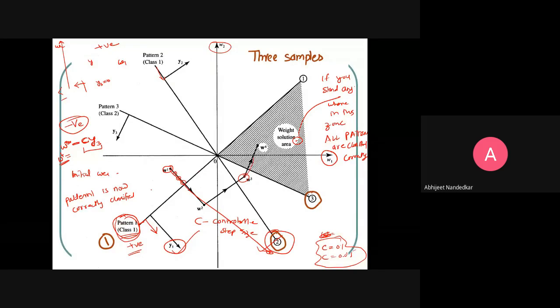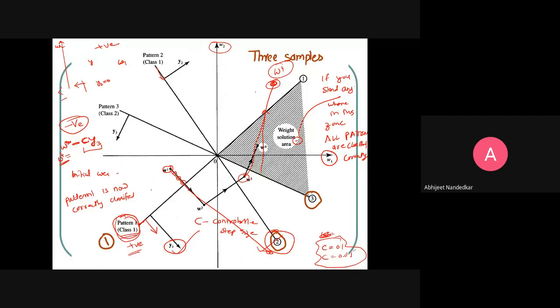What will happen? You will jump from point W3 to point W4, crossing the whole solution area, and you will be thrown here. If you are standing here, then the input patterns are not classified correctly.